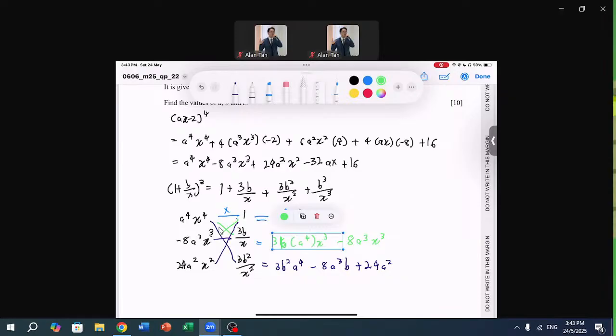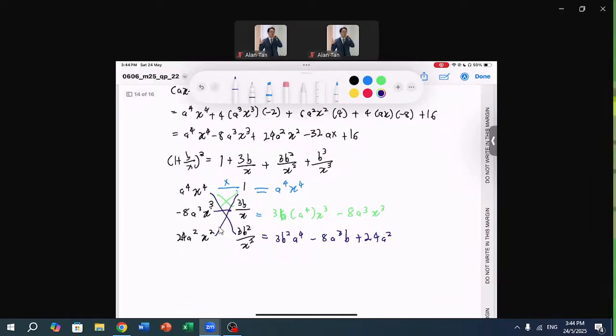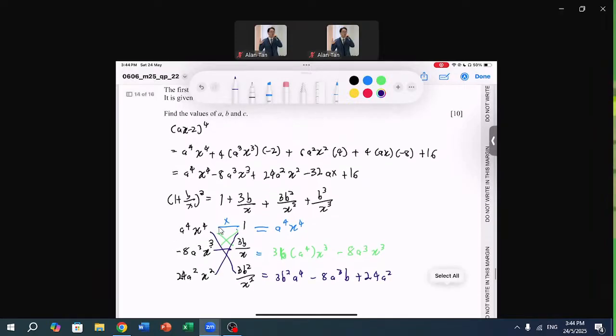Now you must be very careful that you do not make a mistake with your symbols, because any mistake will cost you your chances at scoring good marks. And so a power 4 x power 4, correct, multiplied, correct, negative 8 minus 8, and then times 3b a power 4.